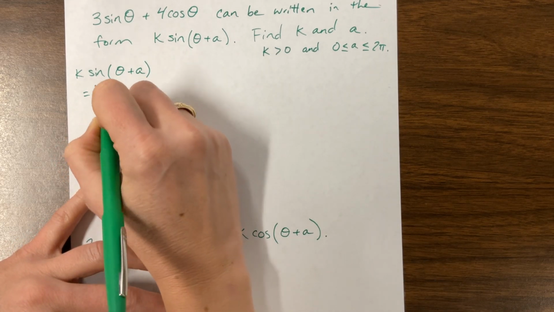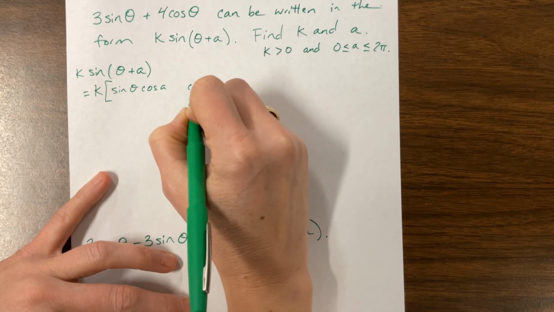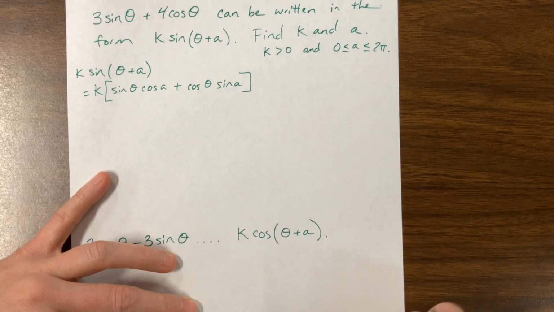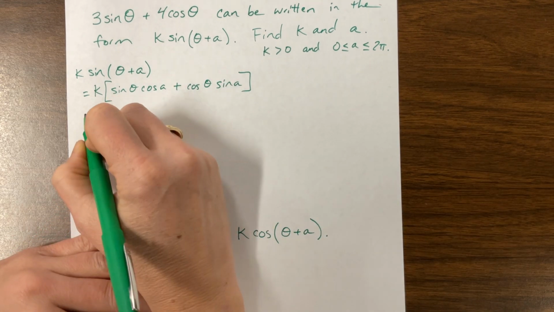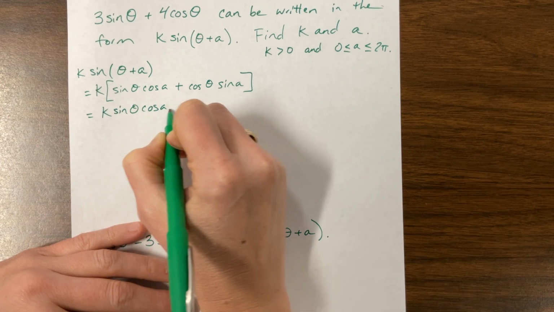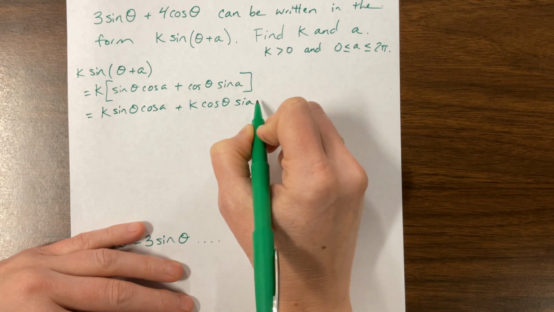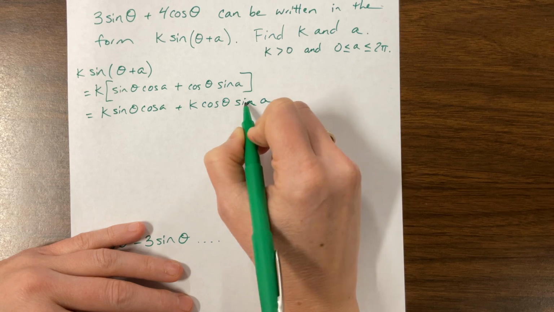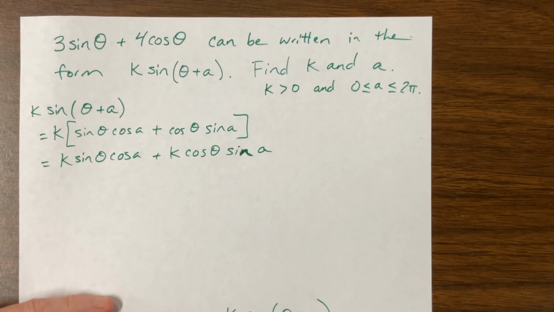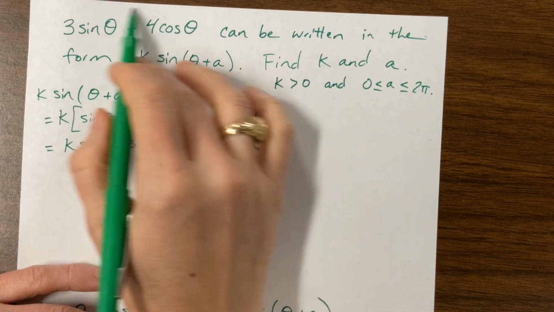So it's k times sine, cosine, cosine, sine with the same sign. Now I have k sine theta cosine a plus k cosine theta sine a. I was ready to write that a too soon. Looking at this, we now have this equal to this up here.